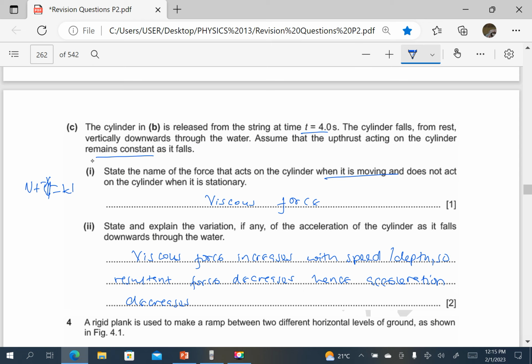That is the explanation we could give for the variation of acceleration as the cylinder falls down. The viscous force is going to increase as the speed increases, and there will be a point where the upthrust is equal to the weight. At that point, since the upthrust plus viscous force equals the weight, the resultant force will be zero. That means the acceleration decreases to zero. Because the resultant force decreases, the acceleration is going to decrease.